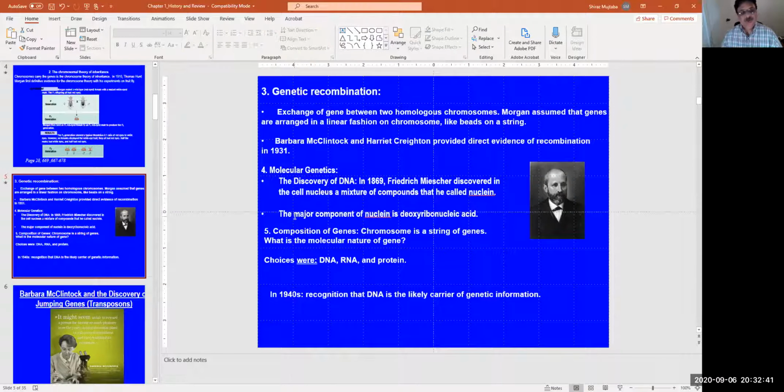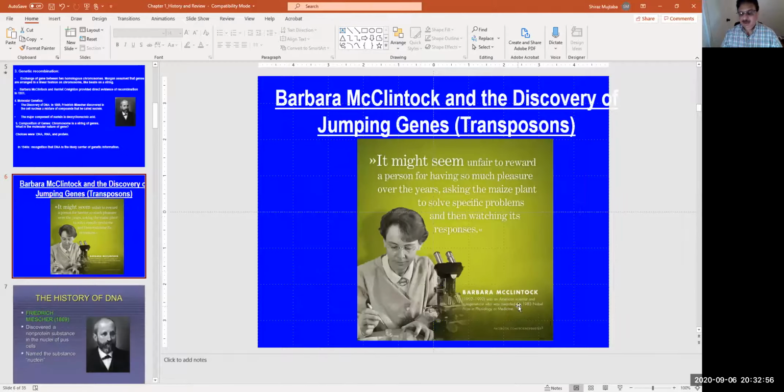It could be cross-pollination, it could be transposons. So plants have a natural way of undergoing recombination. That was the great work of Barbara McClintock, and she got the Nobel Prize in 1983. She did phenomenal work.